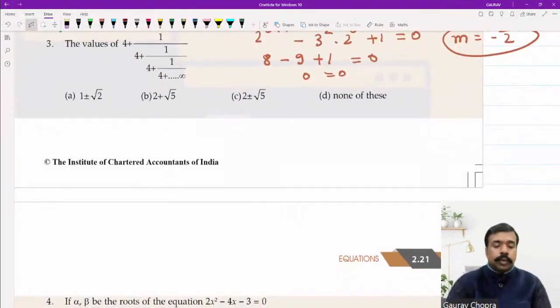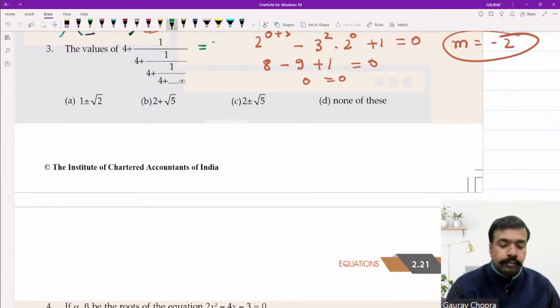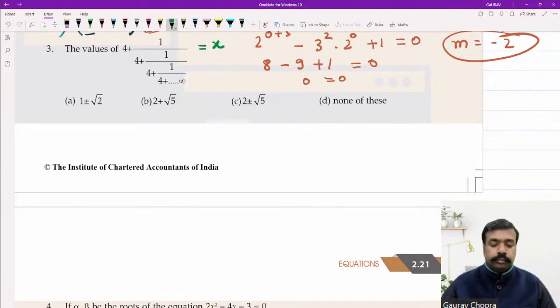Now let us move towards the third one. See, the third one looks different and difficult, but it is not that difficult. We can take this value as equal to x. Let the given value be equal to x. So this whole thing is x.